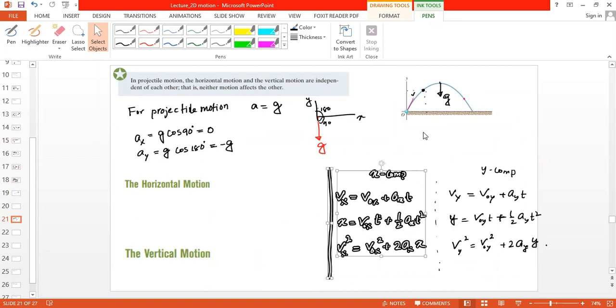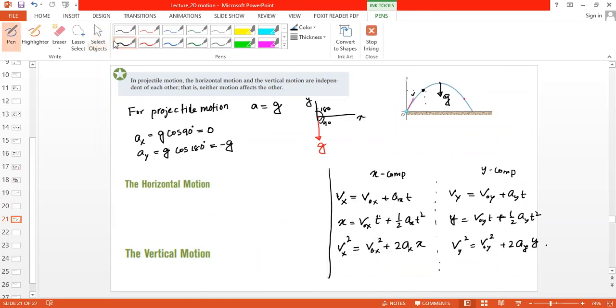This is for general 2D motion. And আমি যখন projectile motion এ কনভার্ট করতে চাই এদেরকে, so in case of projectile motion what I have, ax equal to 0 and ay equal to minus g. That means horizontal motion or x component, that's the x component.